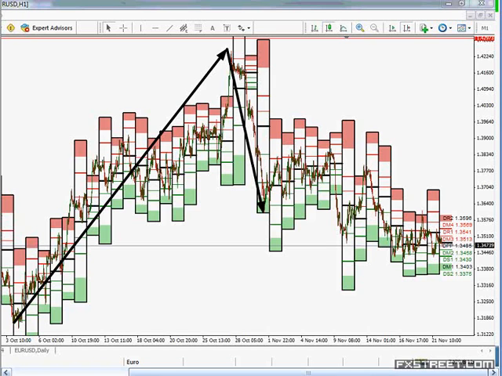Okay. And we're at support here, and then we come up, and then we start finding resistance, and then we sort of get ourselves in this trap, right? Through here. Let me just zoom in for a second.